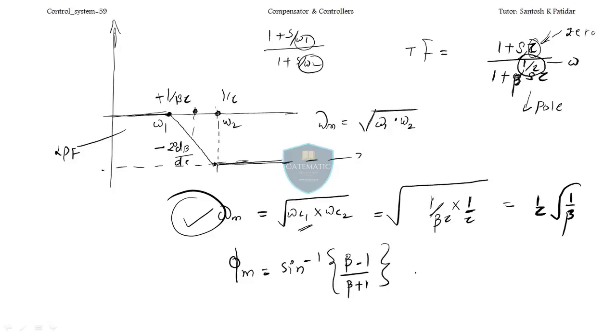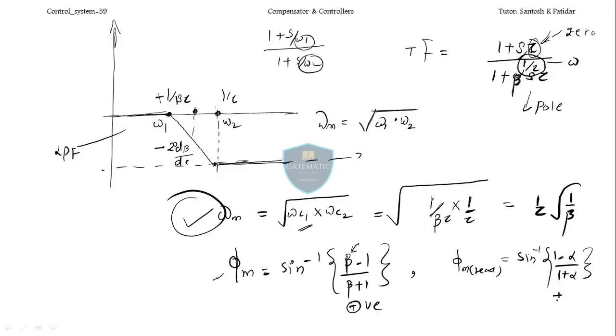In the lead compensator we have seen phi m, that is for lead, sine inverse of (1 minus alpha) by (1 plus alpha). What is the intention? The phi m should be positive, so beta should be here. Why? Because beta is greater than 1, so this entire term will be positive. Like this you can remember.